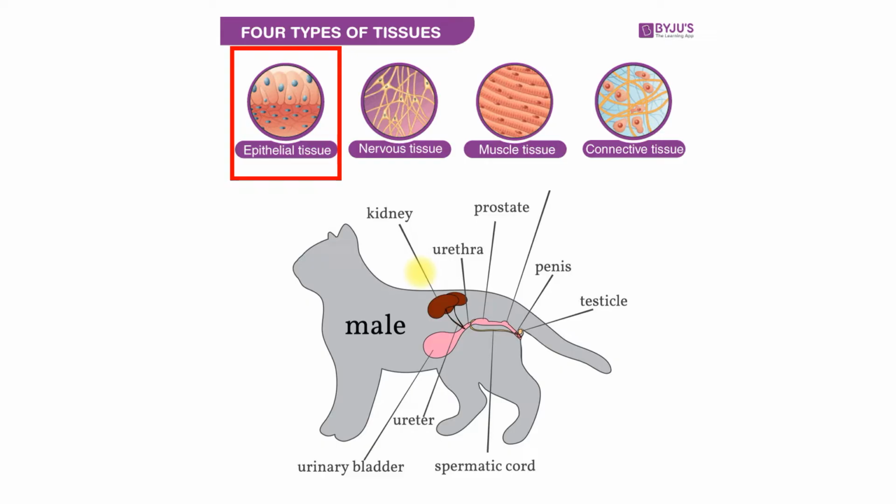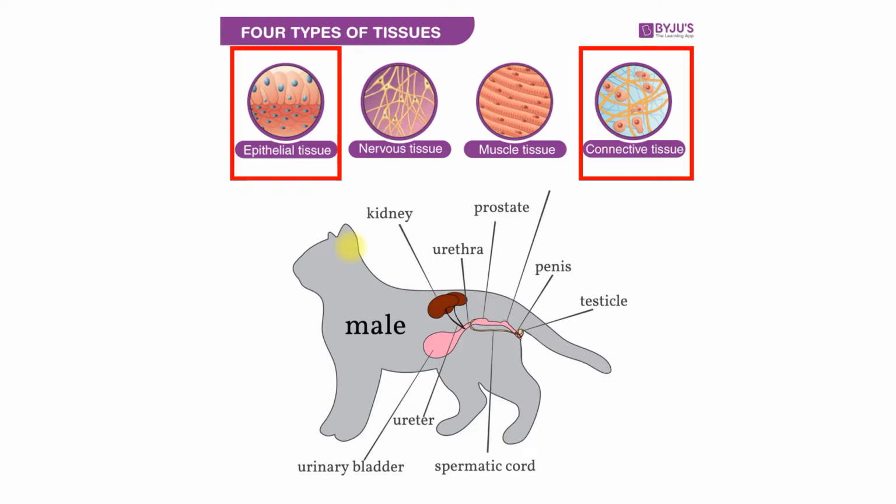Since they are tubules, they have a lumen. And whenever there is a space within the body or within organs, this type of tissue will be the one lining it, diba? And of course, we will have your connective tissue, which forms the stroma or the supporting framework of tissue.